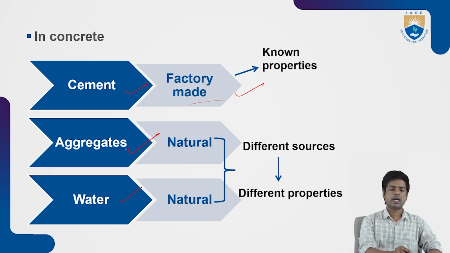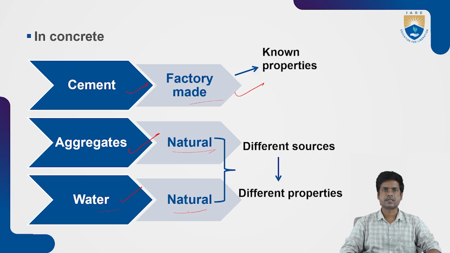Coming to the aggregates, these are natural, and water is also natural. That means these are naturally available materials. Depending upon the environmental conditions, the properties of aggregates will change. If you collect aggregates from one source or area, the properties will be different, and if you collect them from another area on the surface of the earth, they will have different properties.